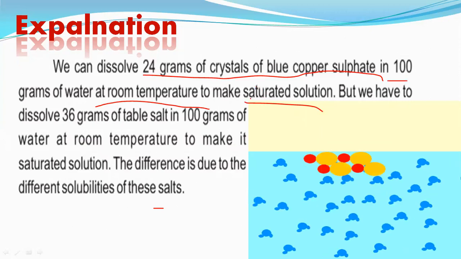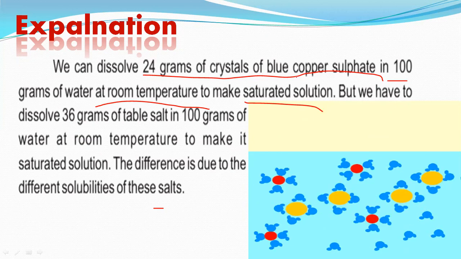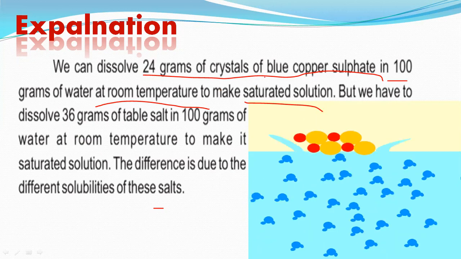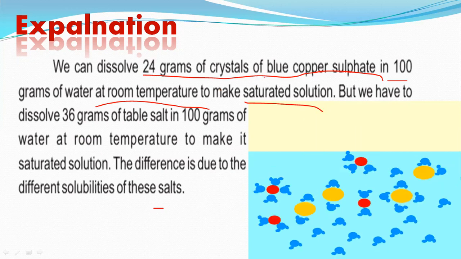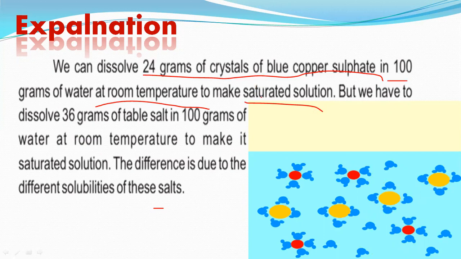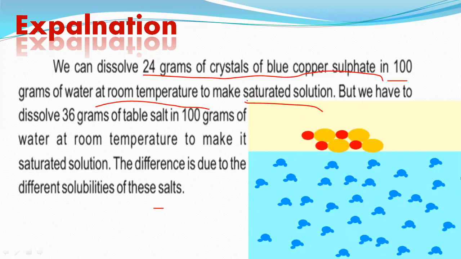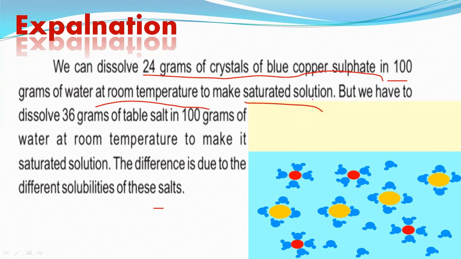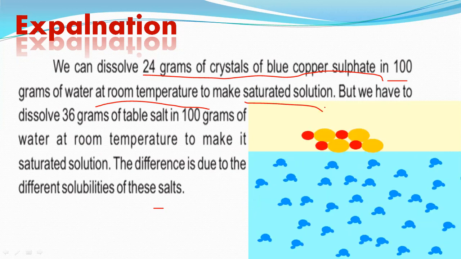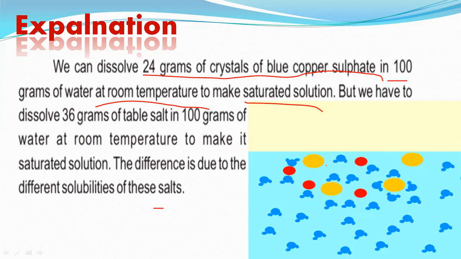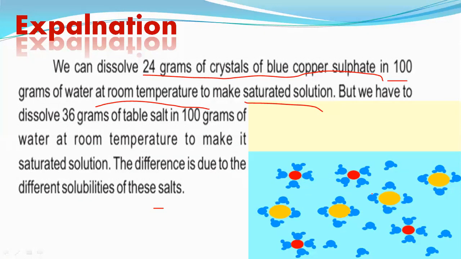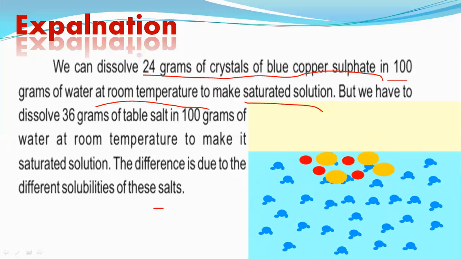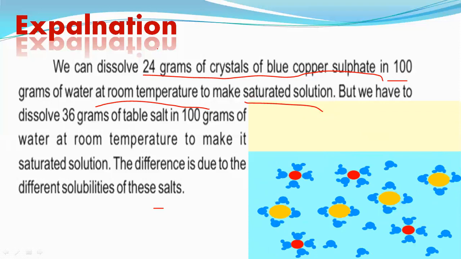So the quantity of a substance which is dissolved into the substance at a given temperature, after that no other amount can be dissolved and it will settle down. Up to that point, that is called saturated solution. So to make a saturated solution, that means that all the solute particles will be dissolved in the solvent. That is called solubility of that substance.